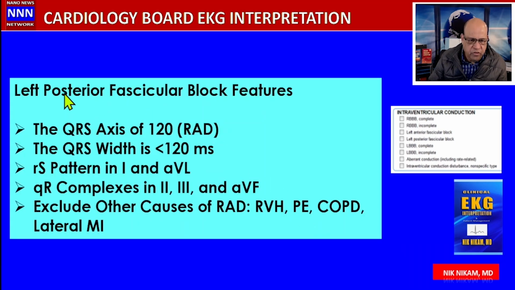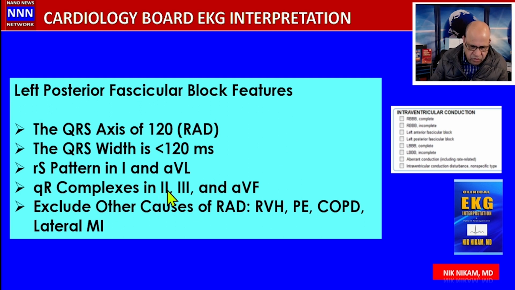The left posterior fascicular block, the QRS axis is greater than 120 degrees. The QRS width is less than 120 milliseconds. The RS pattern in 1 and AVL, so we have a small R and a deep S wave.